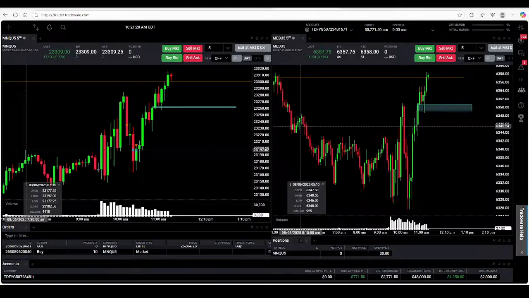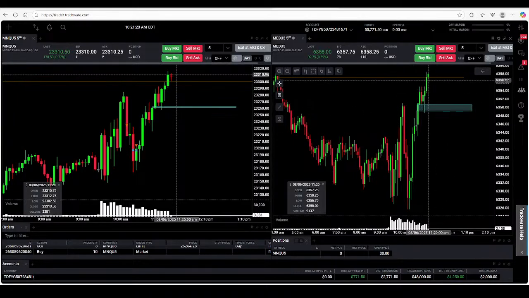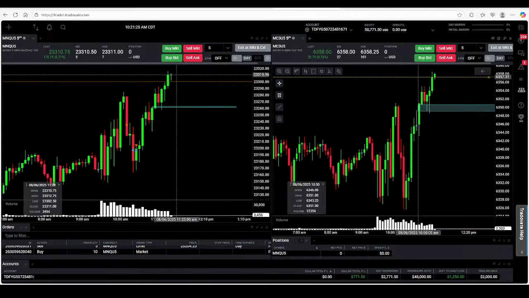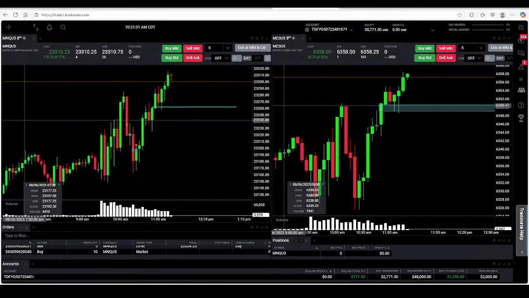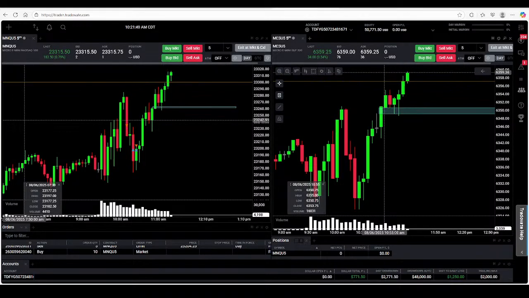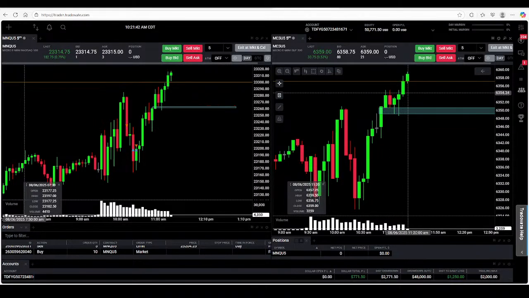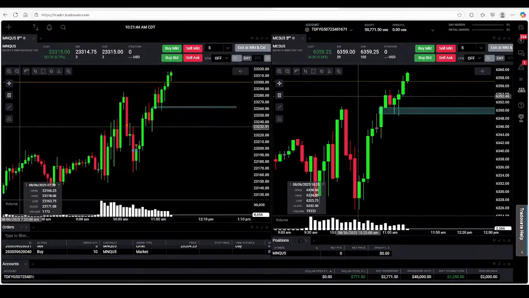Alrighty, let's see here. You can see we got a small tiny reject right up here on ES, and now we just made a new high of day. That's not a strong enough reject for me to have wanted to short.